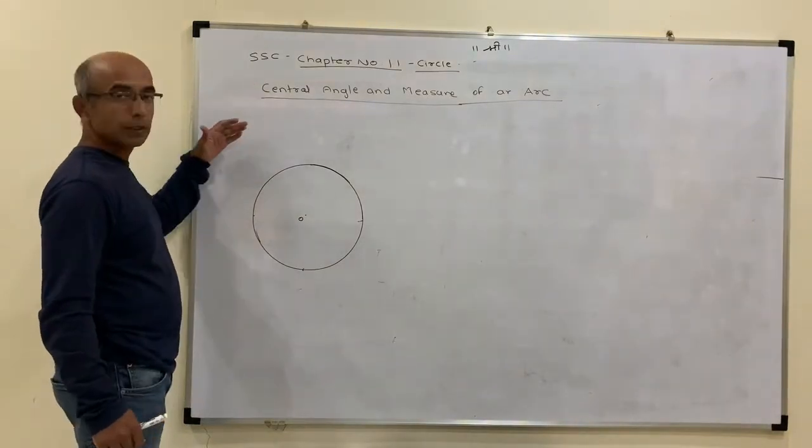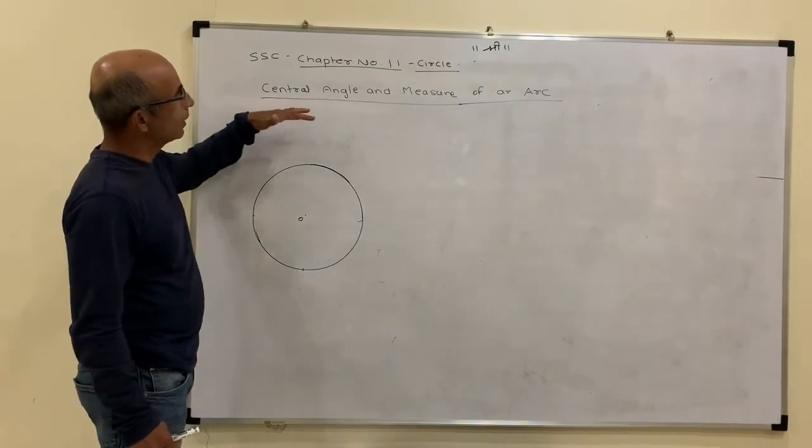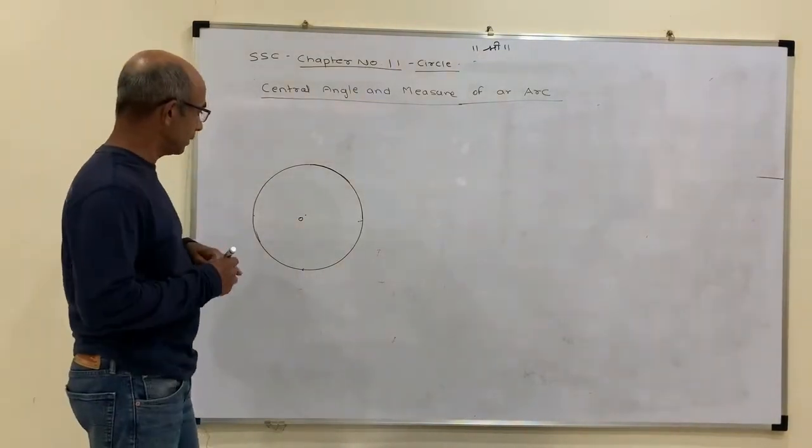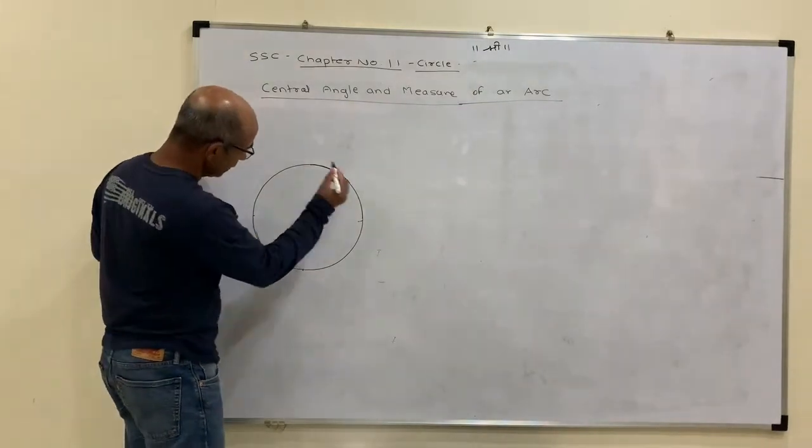Now we move on to the next topic. Central angle and measure of an arc. You already learned what is an arc in your previous standards. Now this is my circle.